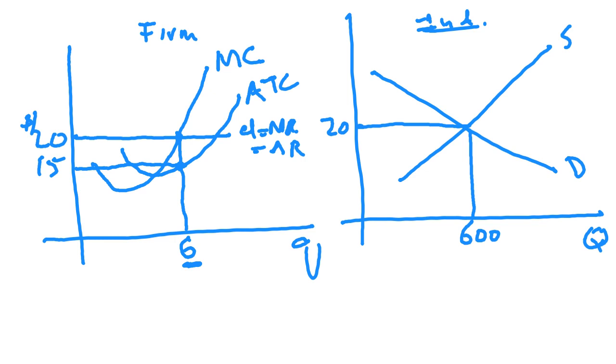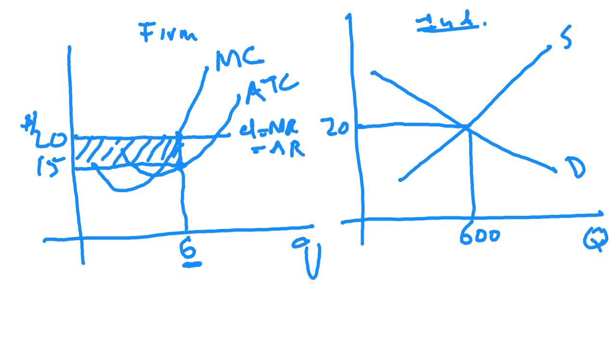So 15 is the average cost when this firm produces 6 units of output. Price is $20. So the difference is 5. It means this firm is making $5 per unit. And how many units? 6. So 5 times 6 is 30. So I know profit is 30. I can show this profit here like this. So the area of this rectangle is 5, that is height, times base, that is 6. 5 times 6, 30. So I know the firm is earning profit.